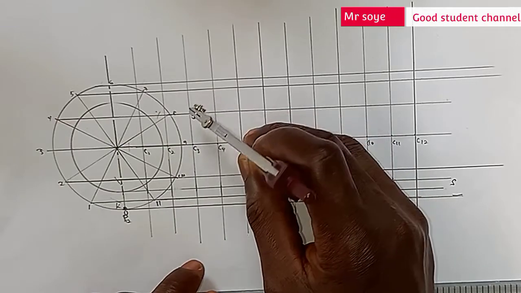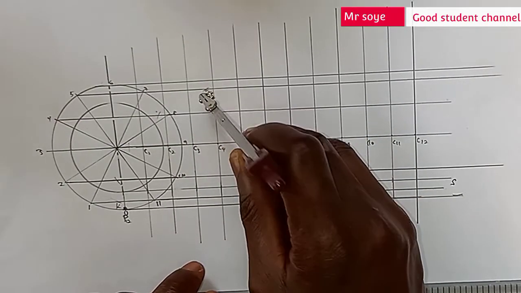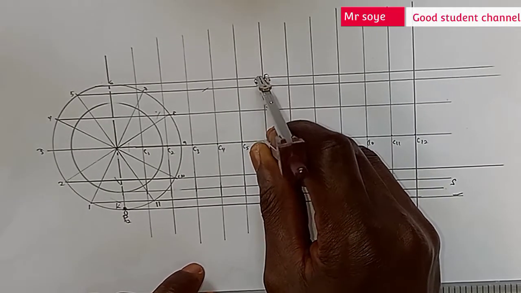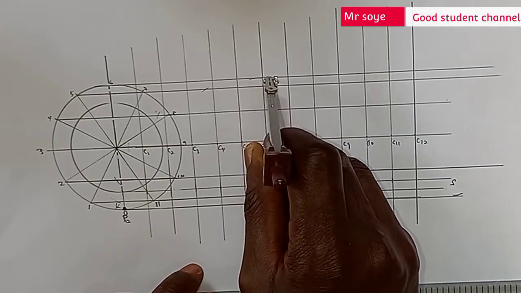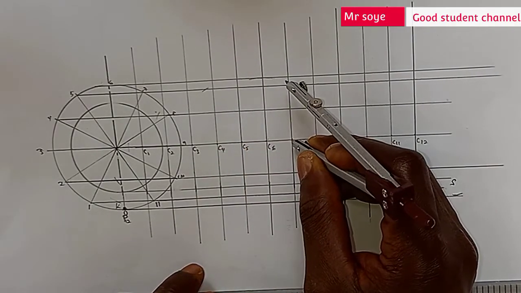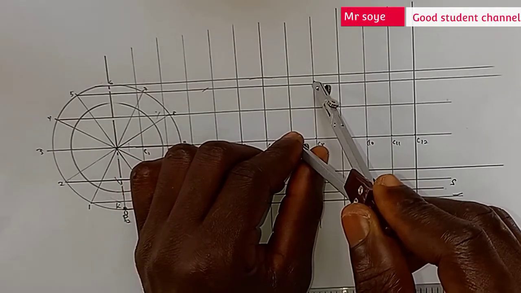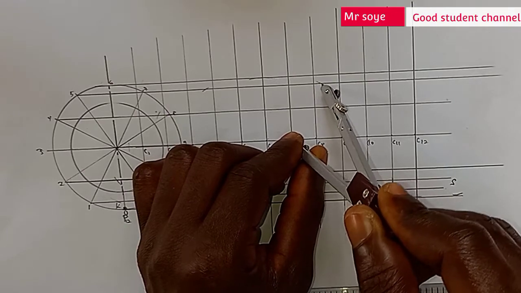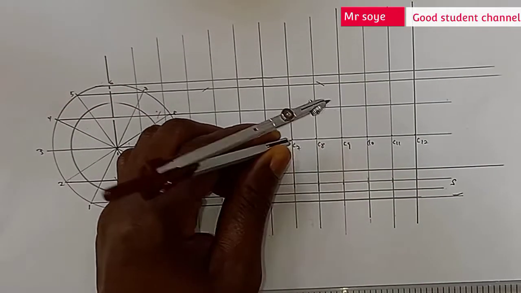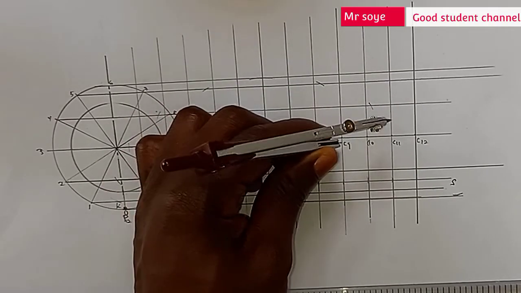At center 5. Mark line 5. At center 6. Mark line 6. At center 7. It's coming down to mark. This is line 7. You can see the line passed through 5 and 7. Then at center 8. Center 9.